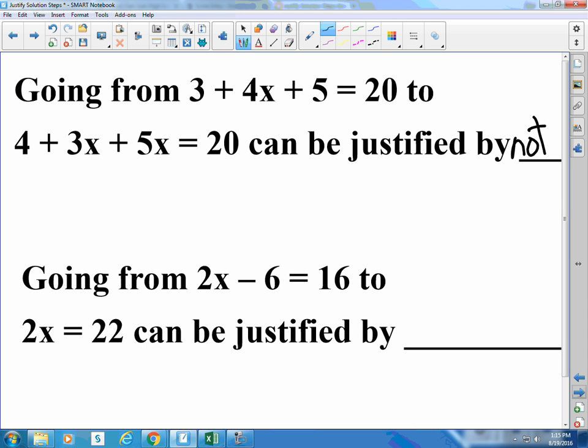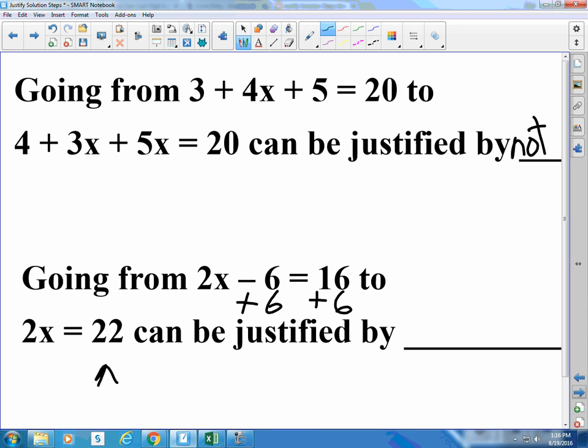So going from 2x minus 6 equals 16 to 2x equals 22, well, how did they get there? Well, if I were to try to get the 2x all by itself, I would do the opposite of subtract 6, I would add 6. 16 plus 6 is 22. 2x plus 0 is 2x.